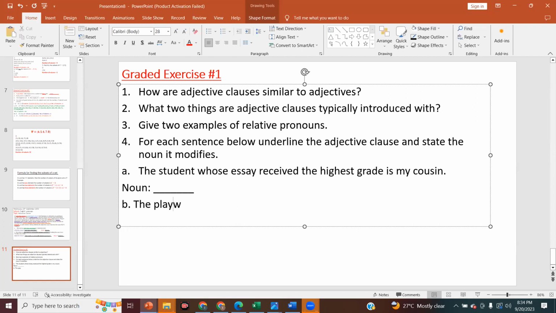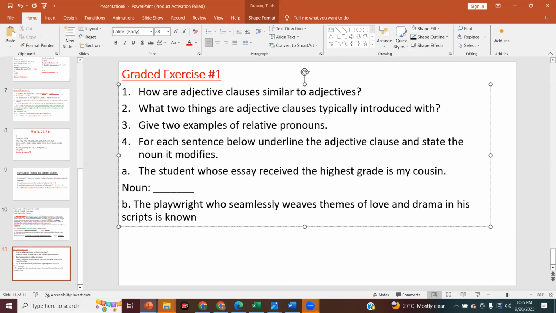The playwright who seamlessly weaves themes of love and drama in his scripts is known for pushing the boundaries of theater.